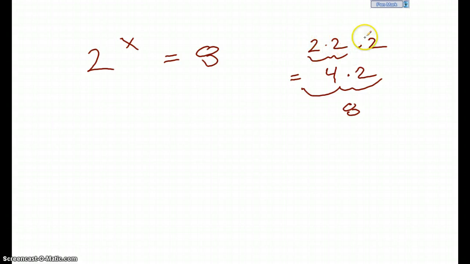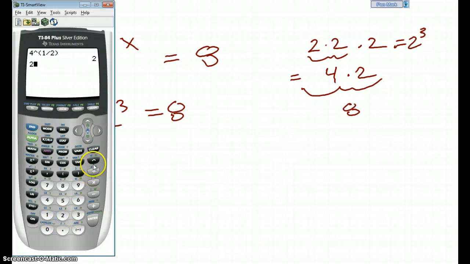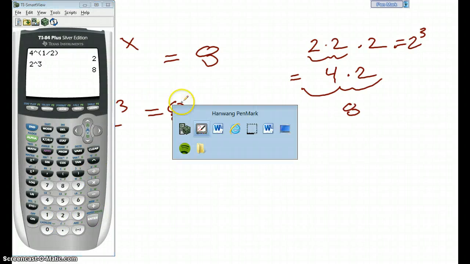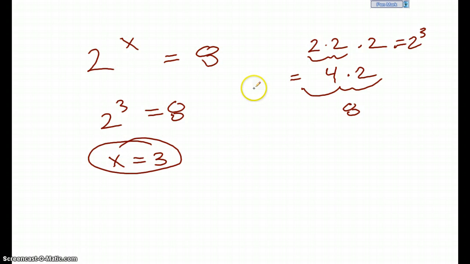I had 2 times 2 times 2, which is 2 to the 3rd power. So 2 to the 3rd power gives me 8, and I can always check this in my calculator. Perfect. So I've just determined that x should be equal to 3. My exponent on 2 should be 3, and that will give me an output of 8.